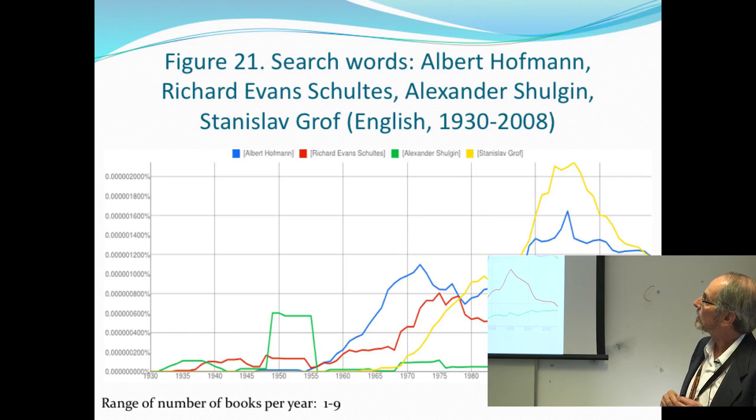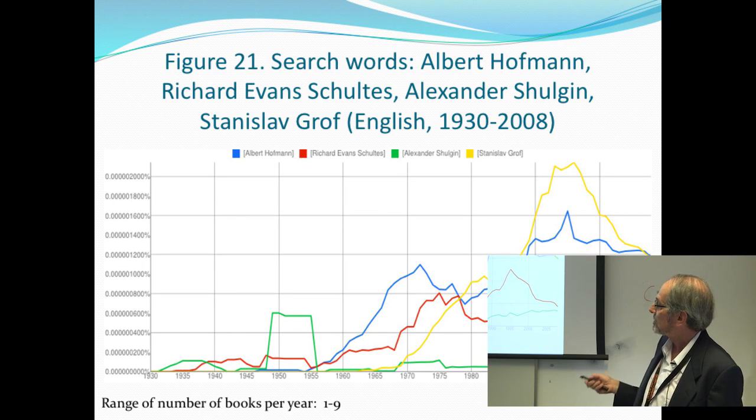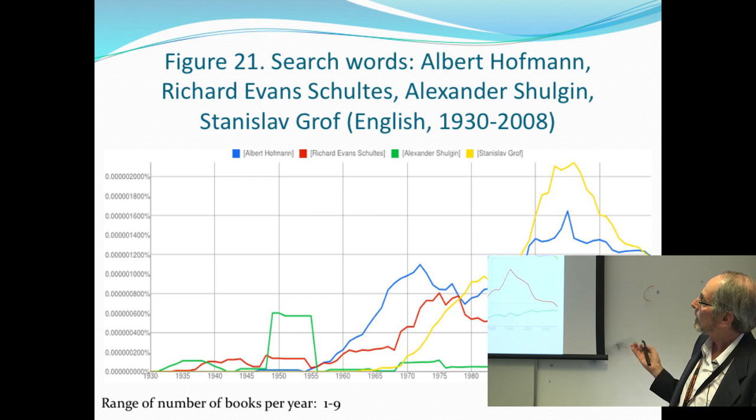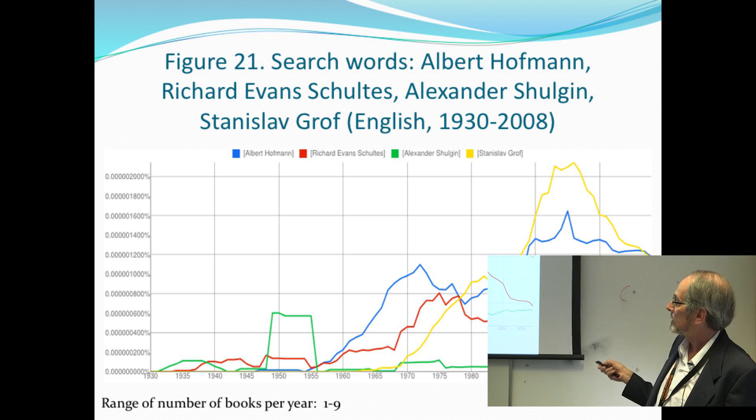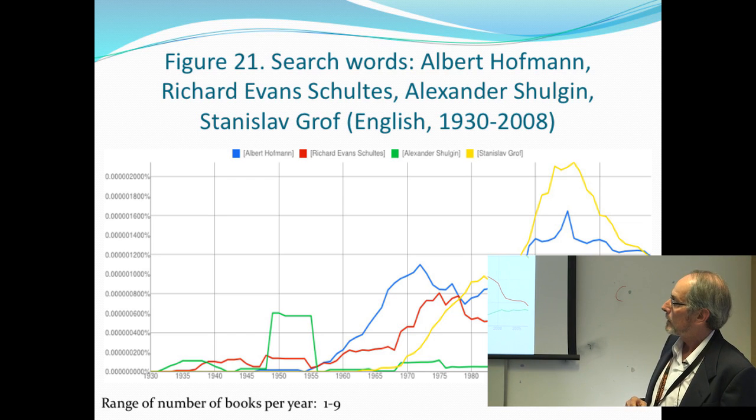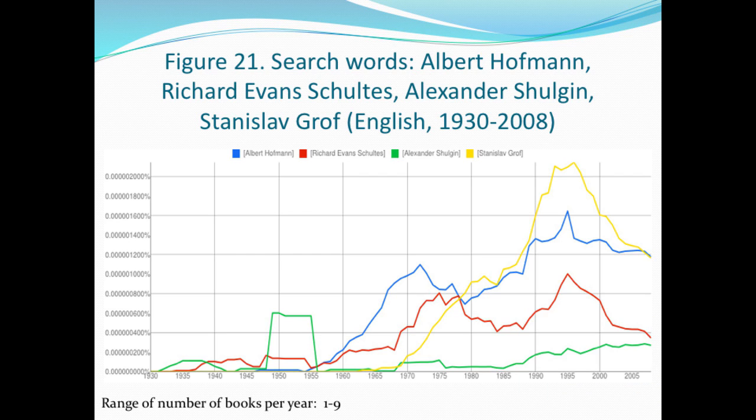How about people? You can do that too. So I thought I'd put Albert up here with Dick Schultes, Shulgin, and Stanislav Grof. And you can see their curves. Again, in recent time, we see the popularity of Schultes' books, as he was retiring and writing a lot with Bob Raffauf. Albert Hofmann, after semi-retiring, if you will, and then retiring, had his books coming out in the 70s, and his incredible popularity as the psychedelic renaissance returns, and everyone's really interested in these substances, and they always want to go back to him as a starting point.